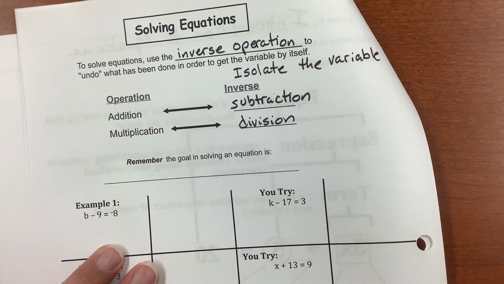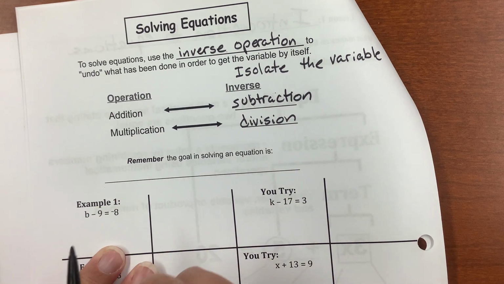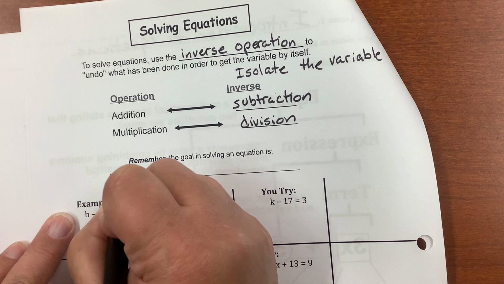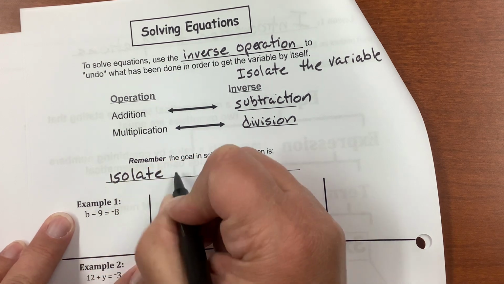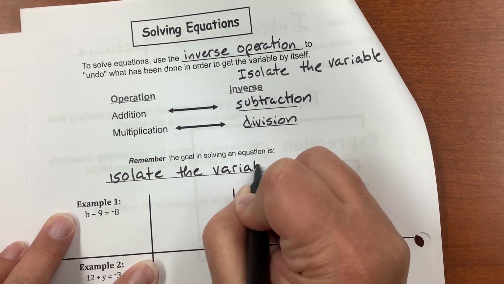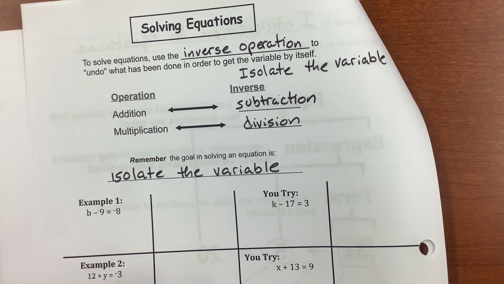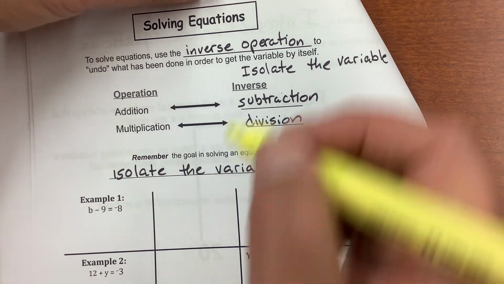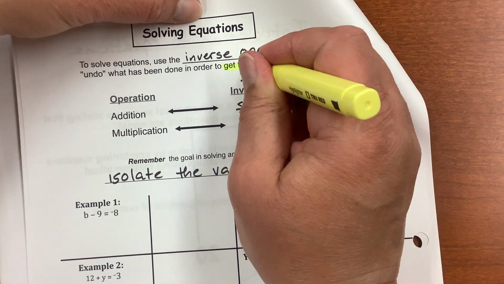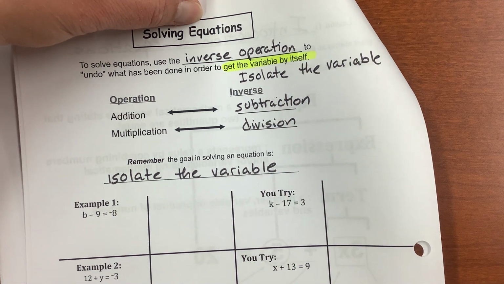Remember, the goal in solving equations is to get the variable by itself. I'm going to write isolate the variable because I like to sound like I know what I'm talking about. And I'm actually going to grab my highlighter right now, and highlight up here where it says get the variable by itself, because that's how you're probably going to think of it.